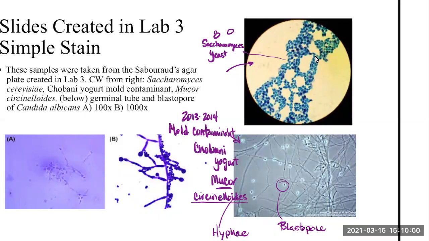That is the mold contaminant that was found in Chobani yogurt somewhere around 2013, 2014. There was a big FDA alert. They had to get Chobani yogurt off the shelves because they had this mold in it that was sickening some people. So not good.